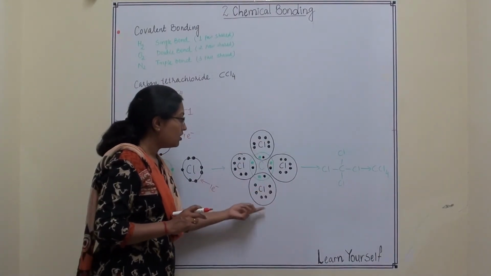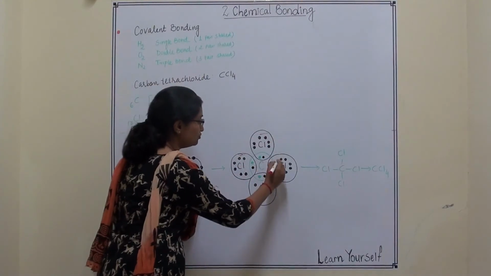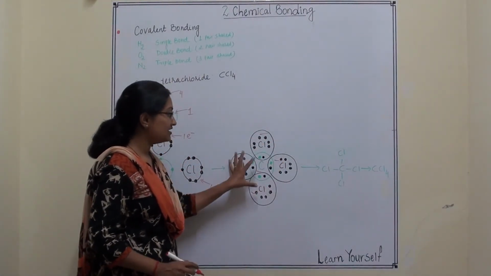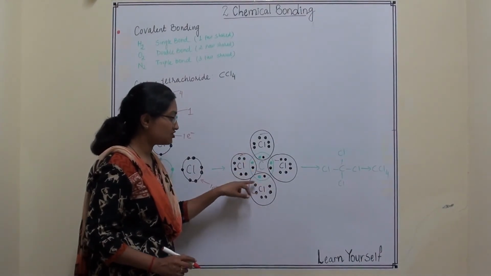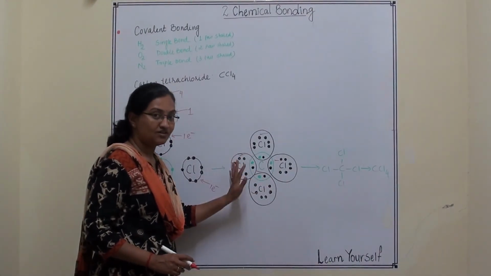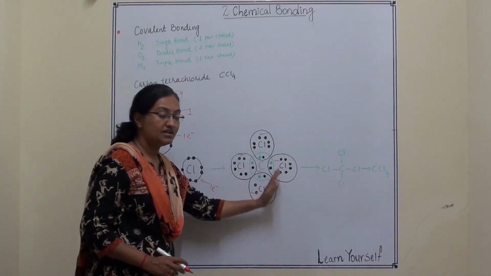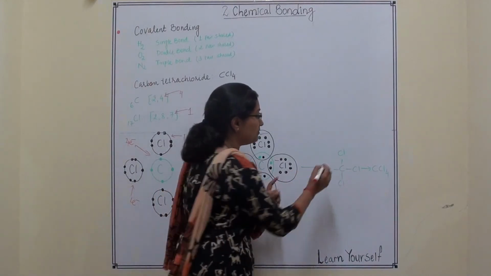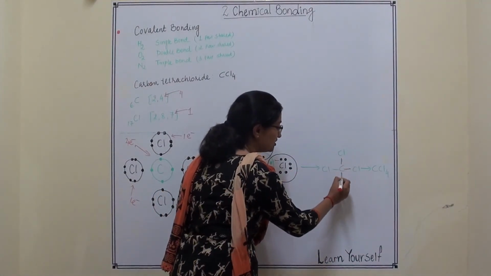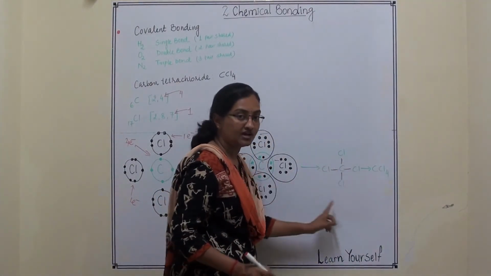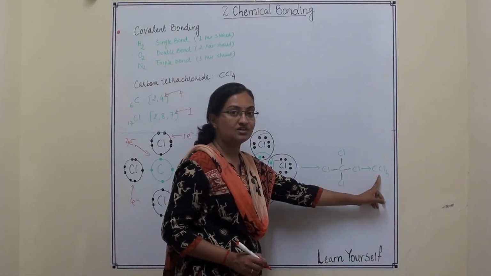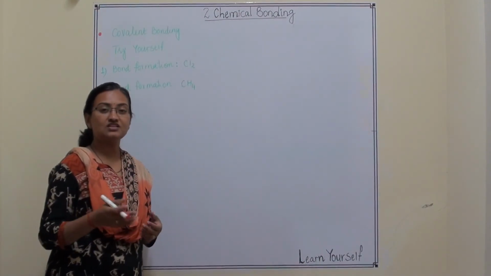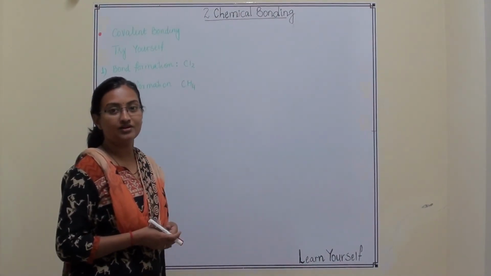So in turn, all these 5 atoms will share this many electrons. They are sharing 4 and 4 electrons, and they are completing 4 covalent bonds. So the carbon has a covalent bond with 4 different chlorine atoms, and the molecule formed is carbon tetrachloride.